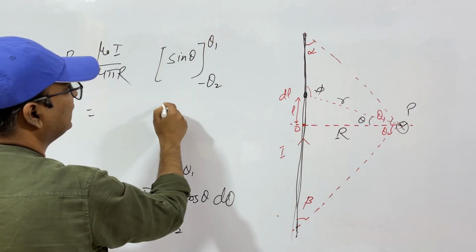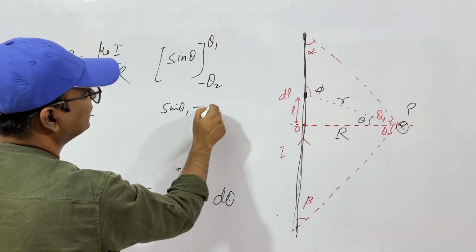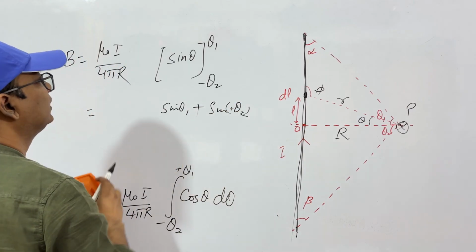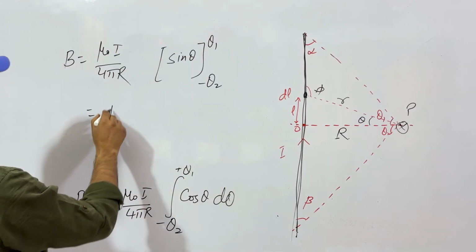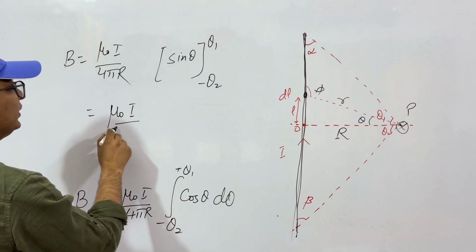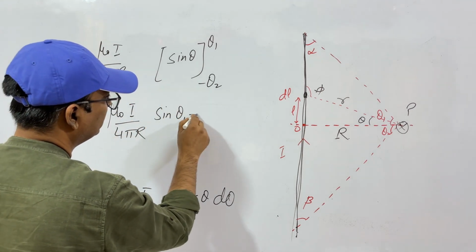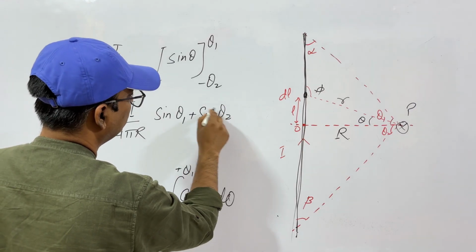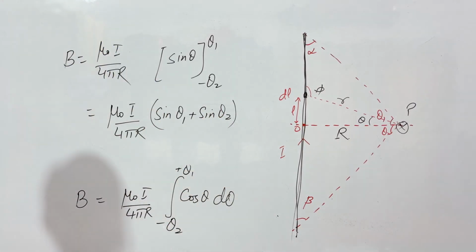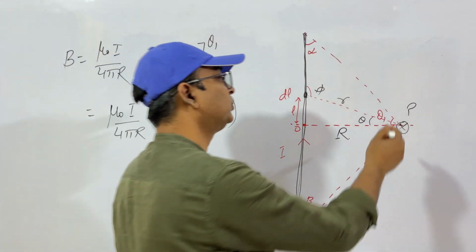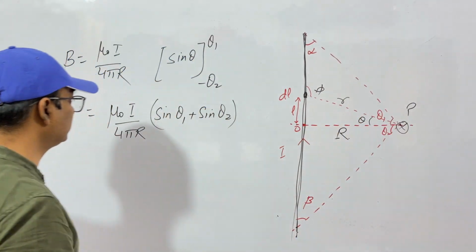So this will be sin θ1 minus sin(minus θ2). If you remove this minus, what we get is μ0 I/4πr (sin θ1 + sin θ2). This is the value of the magnetic field at this point, and the direction is given by the right hand thumb rule.